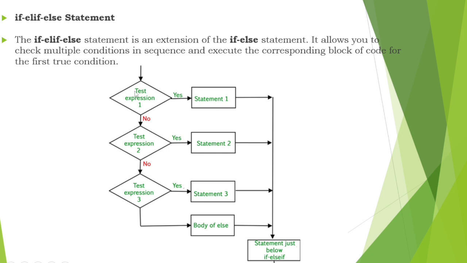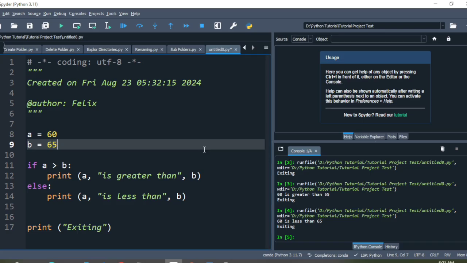But if the first condition is not true, it should check the second condition. Now, if the second condition is not true, then it should check the third condition. And after checking the third condition, it should have an else. If the third condition is false, then it should have an else for all the statements.